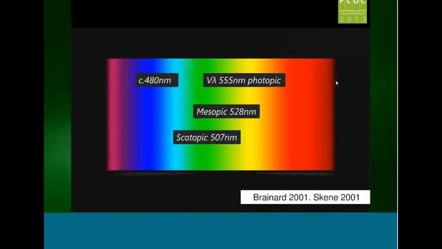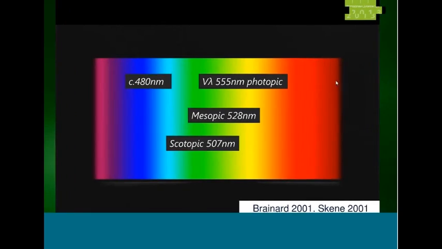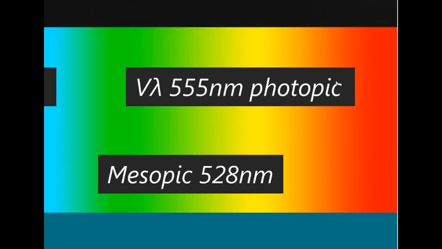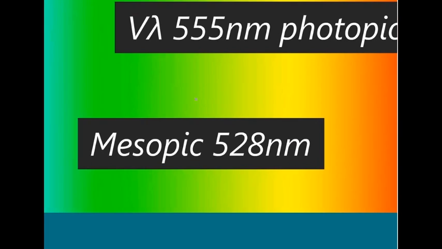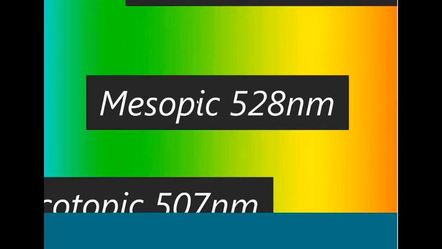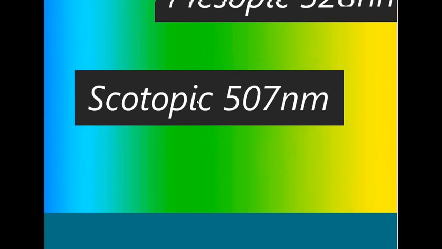Now, most of the way that we quantify the visual role of light is all around what we call the V-lambda curve, which is symbolized here. The peak part of the V-lambda curve, it'd be worth you Googling a bit more information about that if you don't know about that already, is in the central area of 555 nanometers. It's been characterized in other ways, other types of vision, mesopic vision, scotopic vision, and there are others as well.